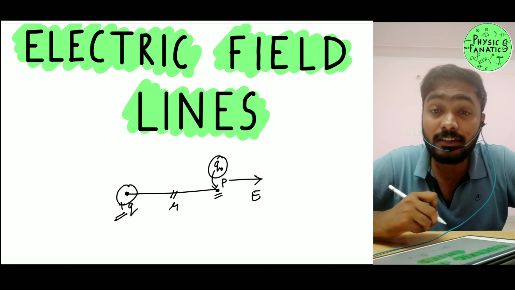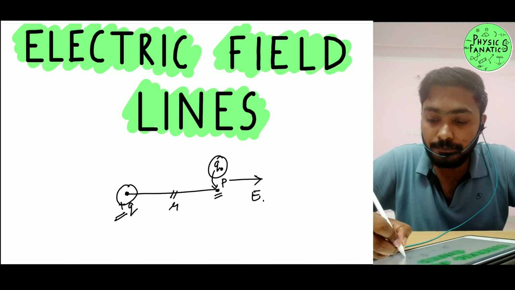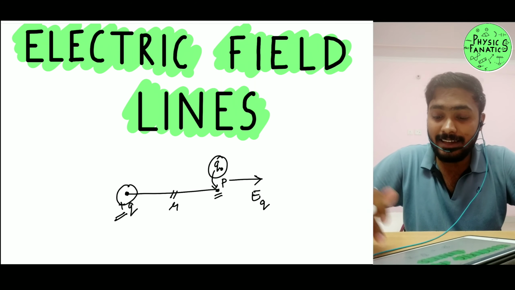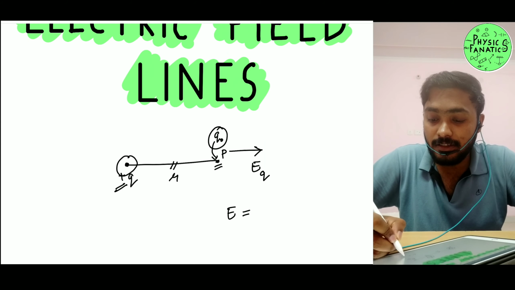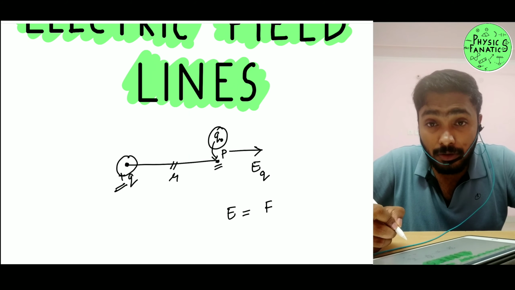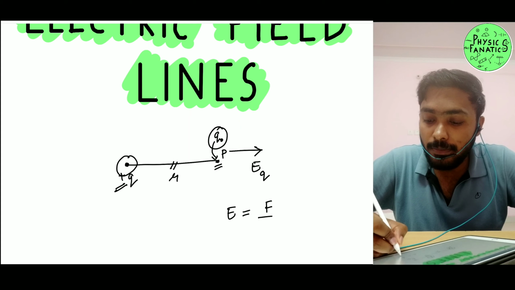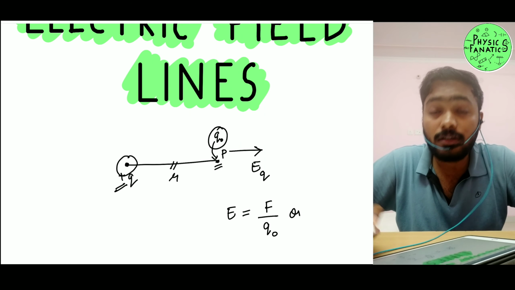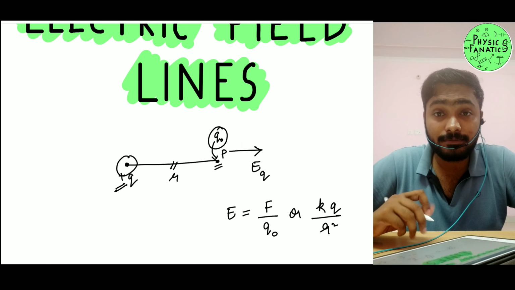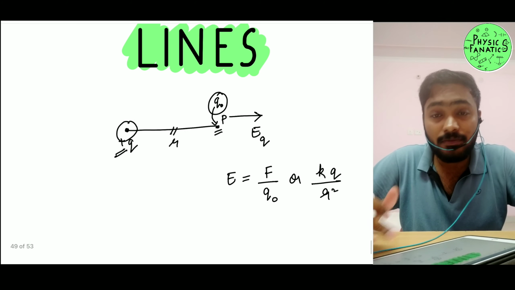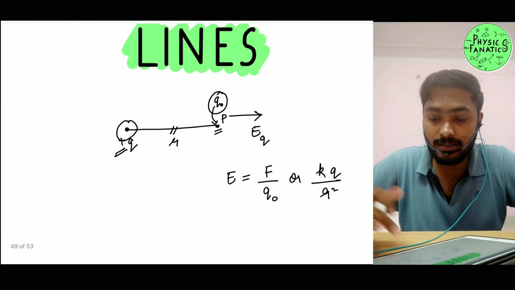Electric field is defined as the force experienced by the test charge per unit test charge, and when I solve this I'll simply get kQ upon r square. This much we have already studied.